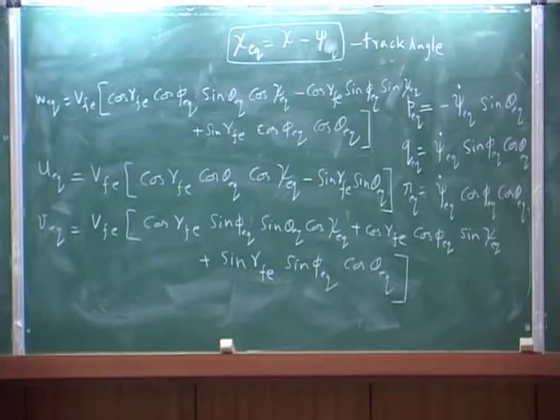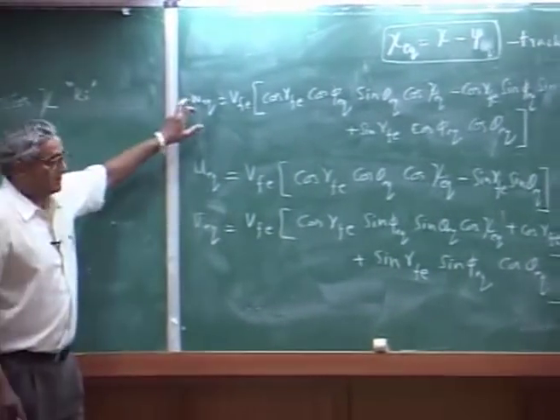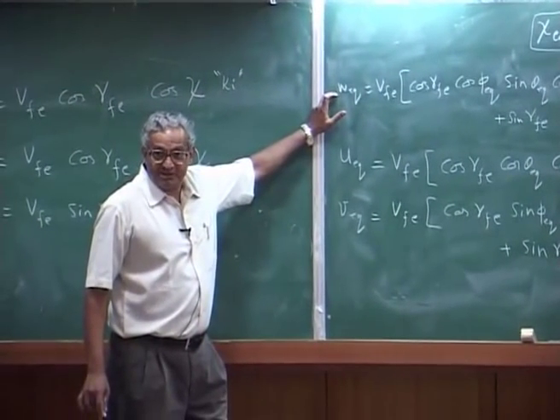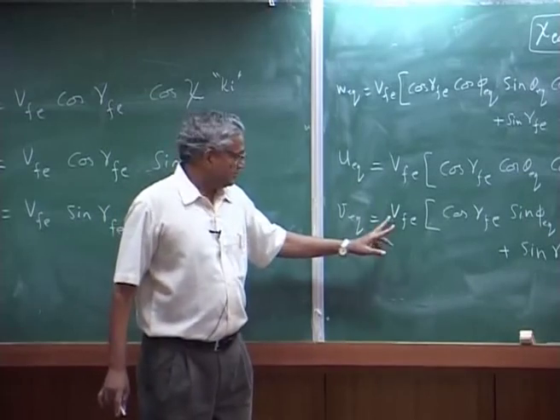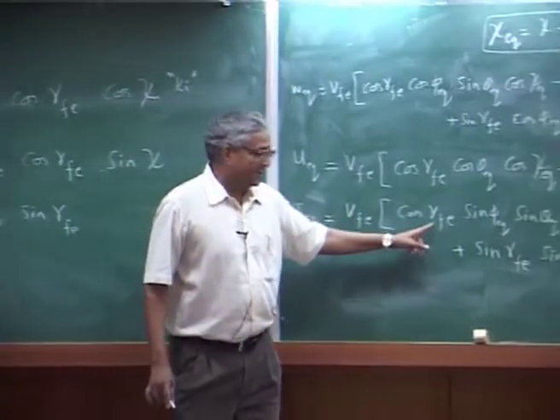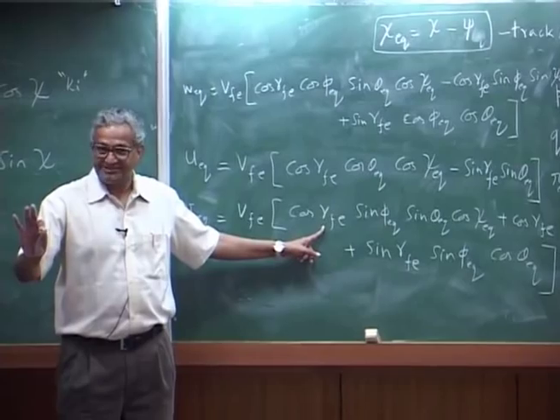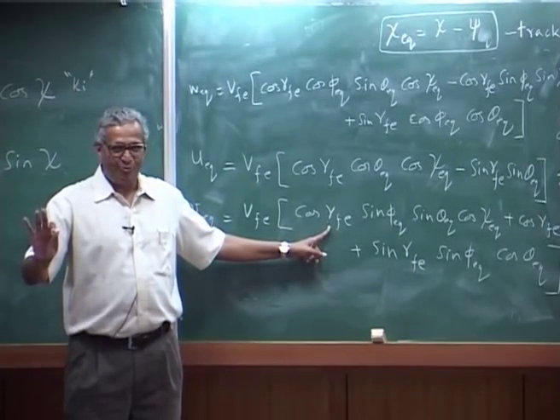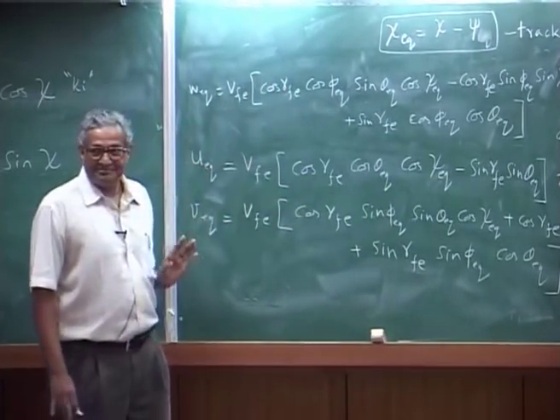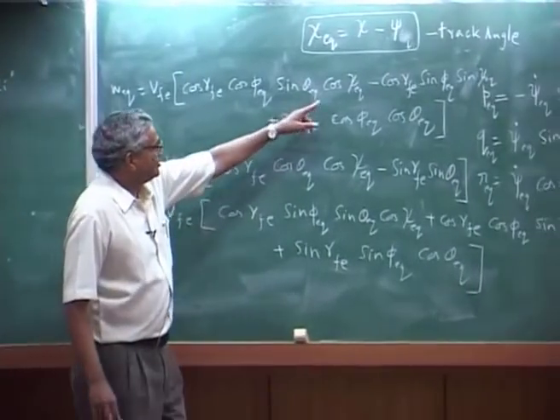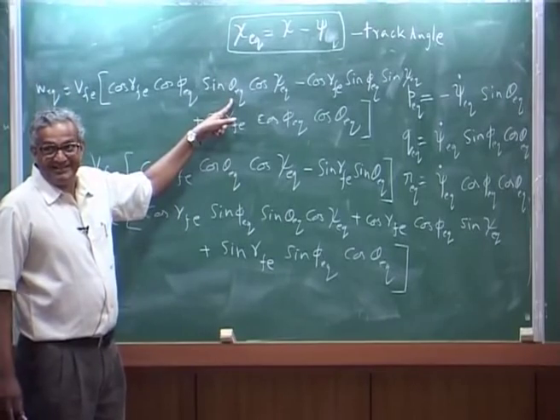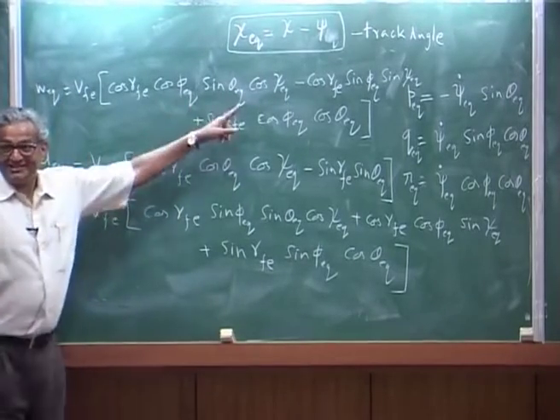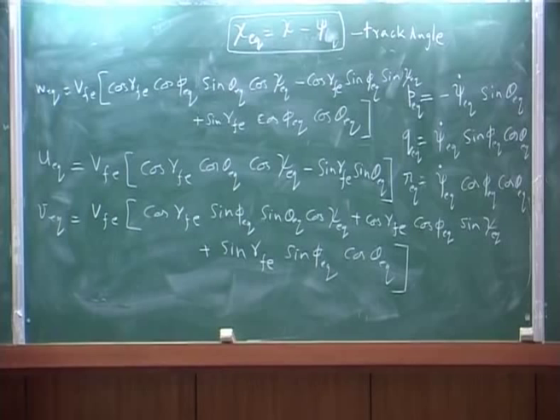Now, you see, for me to get UE, VE, W equilibrium quantities, I know flight path, the velocity I know, the flight path angle is given. Okay. What I do not know in this is, I do not know chi, I do not know theta, I do not know phi. These three equilibrium quantities I do not know.